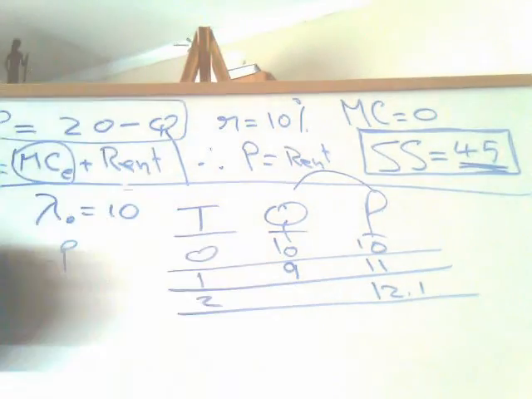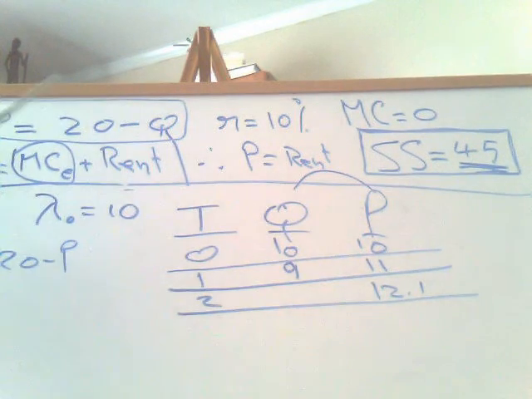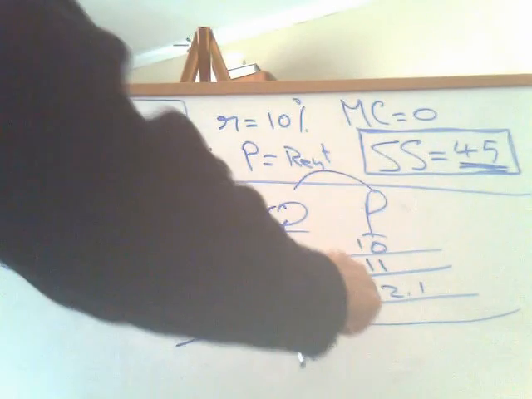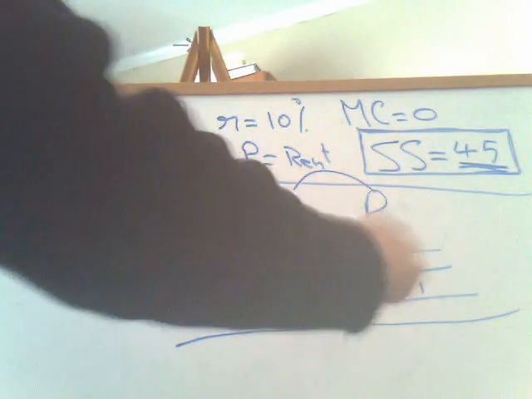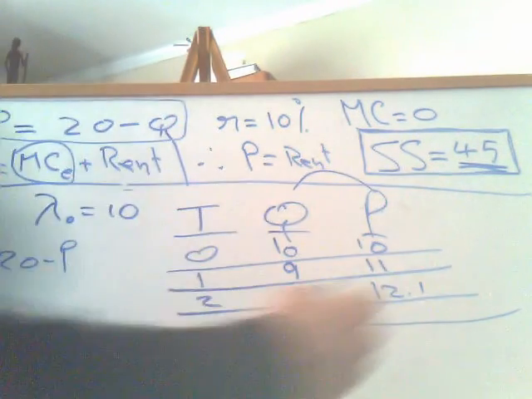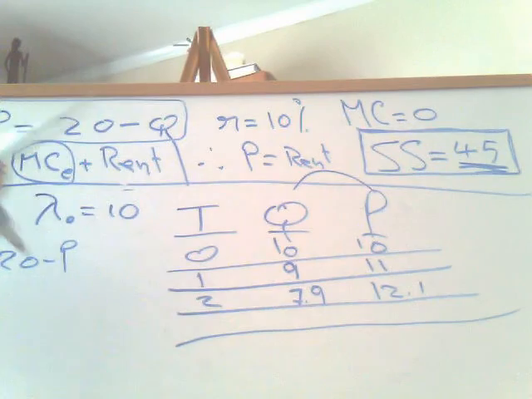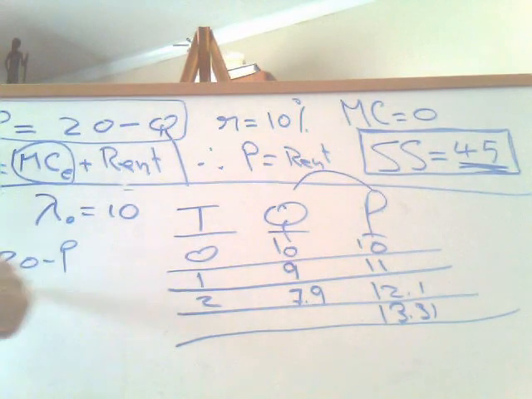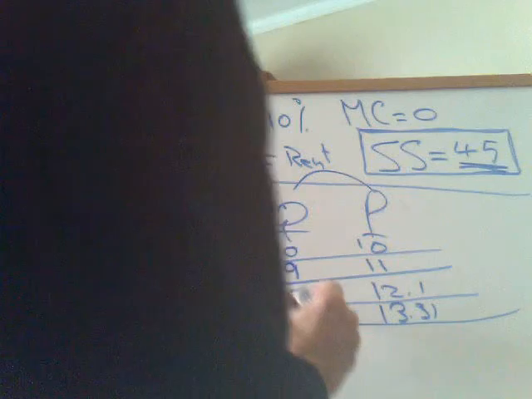The quantity is going to be 20 minus 12.1, which is 7.9. One more only. So this is going to be again 12.1 times 1.1, which will be 13.31. The quantity is 20 minus 13.31, which will be 6.69.